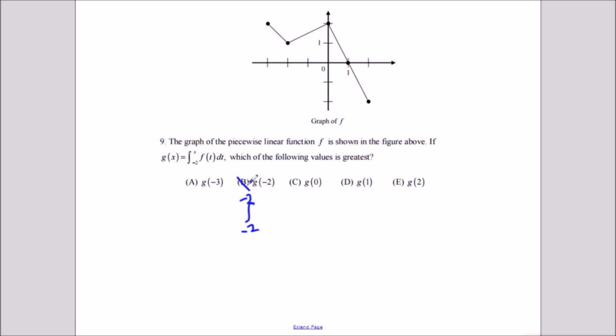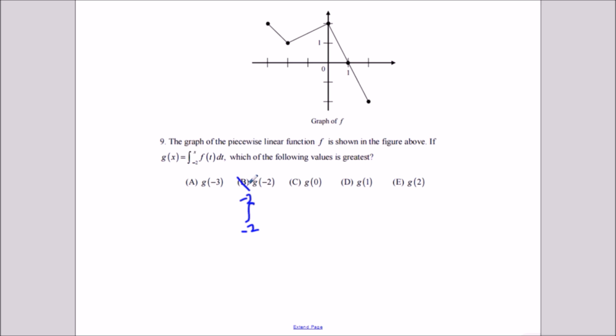And notice g of 0 is telling us to find the area under the curve from negative 2 to 0 if we use the definition of g here. And that's going to give us this trapezoid here. So because this is positive, this answer choice C is a contender as one of the greatest. But then if we look, g of 1 is the area from negative 2 to 1, which would take this blue trapezoid and extend it all the way here and include this triangle.